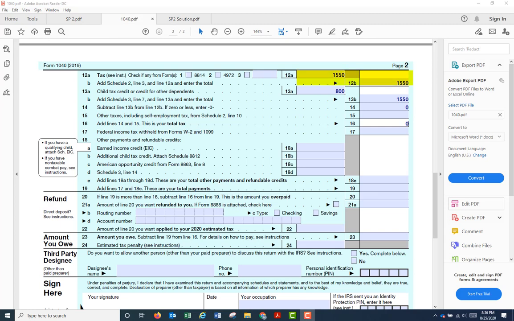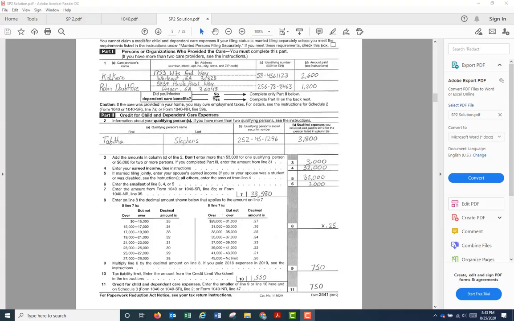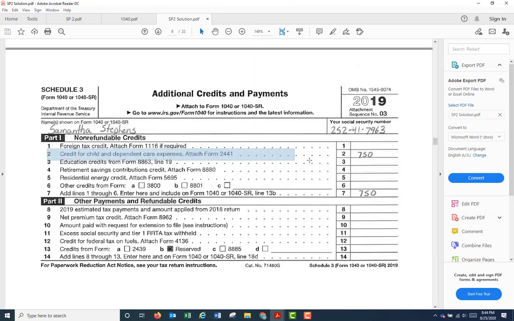But then we initially applied the child and dependent care credit, which we know from completing Form 2441, and we get the balance there to populate Schedule 3, line 7, the $750 of child and dependent care.